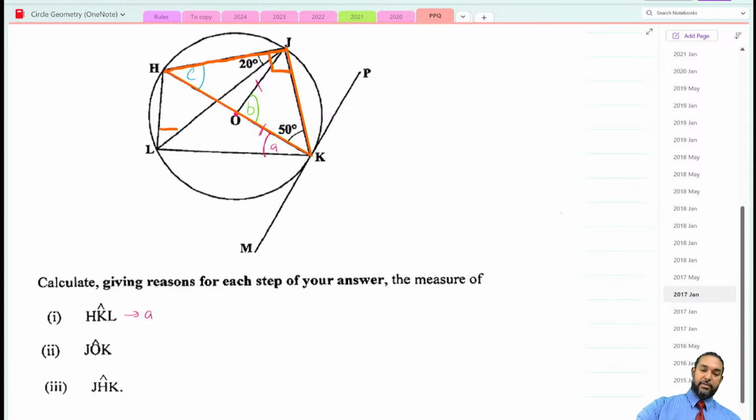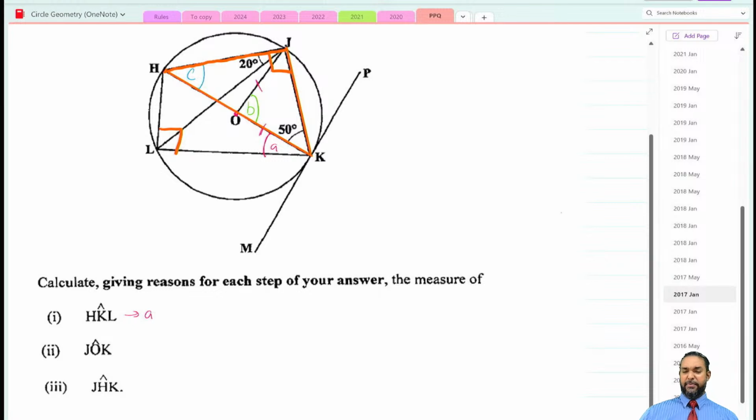And you also have a triangle here as well. Is each 90 degrees?